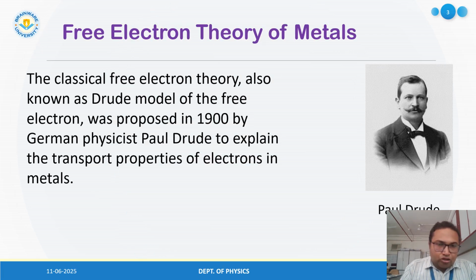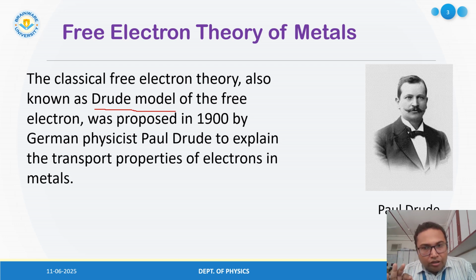Now, this free electron theory was first proposed by Paul Drude. Paul Drude was a German physicist. So, of course, after his name, this model is called the Drude model.